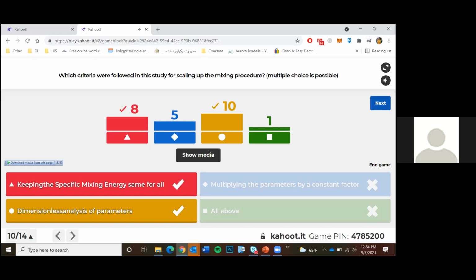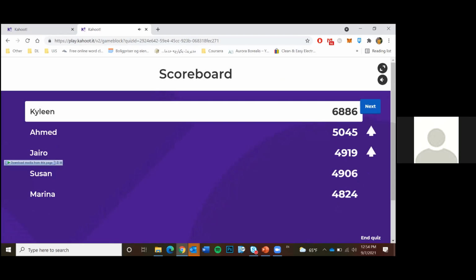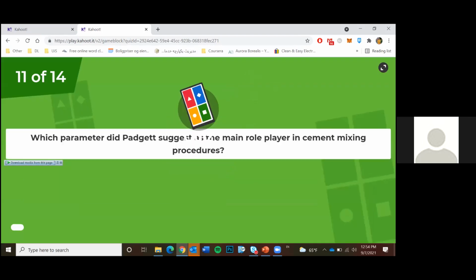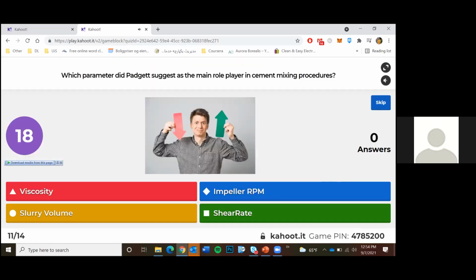Yes, okay. Which parameter did the Paget guy suggest as an improvement for the SME concept? Viscosity, volume, impeller RPM, or shear rate?